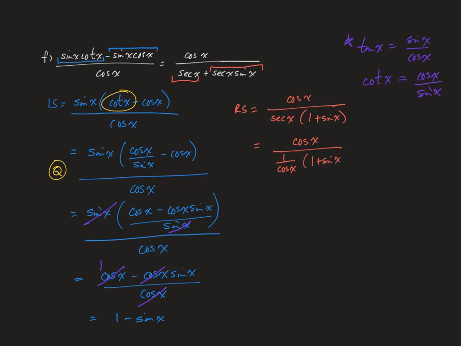Well, I get to this point, and here's where we've got some options. I do have this 1 over cos x that I could expand into my brackets. But I also have that 1 over cos x that is being multiplied by everything on the bottom. And if that's the case, then I could do this division operation with the 1 over cos x.